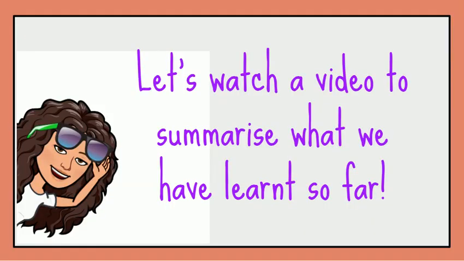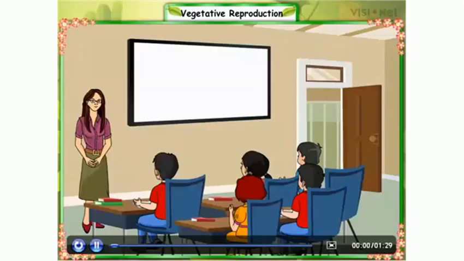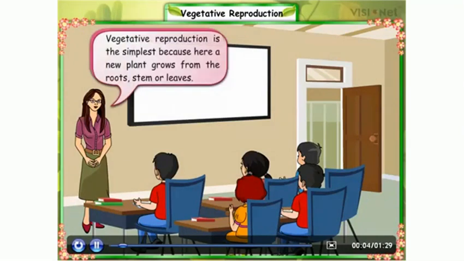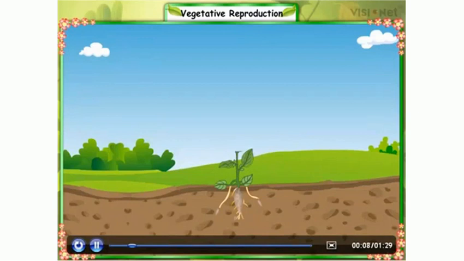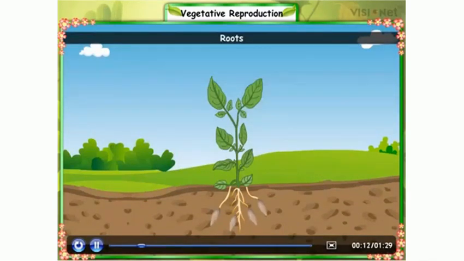So now let us watch a video to summarize what we have learned so far in this topic, reproduction in plants. Vegetative reproduction is the simplest because here a new plant grows from the roots, stem or leaves. Roots. See the sweet potato plant. The food material is stored in the root.